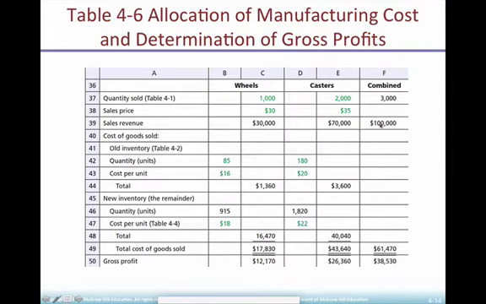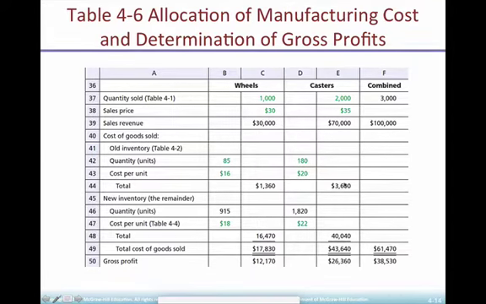Then I'm going to work on the cost of goods sold, which has 2 parts, old inventory and new inventory. On the old inventory, if you recall a few slides back, we had units existing in old inventory, 85 times old cost of goods sold. That's the total cost of goods sold for old inventory for the first good. The same here, second good.